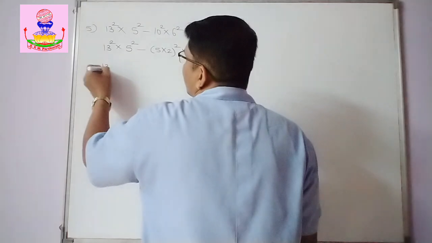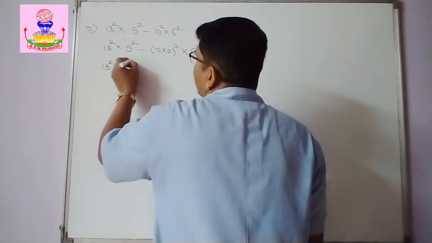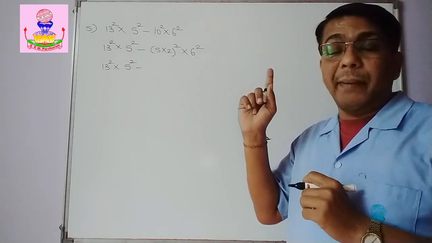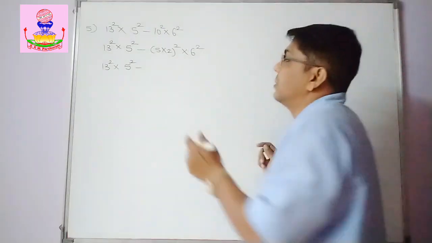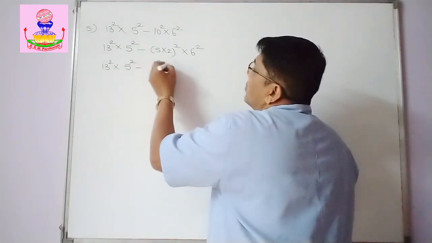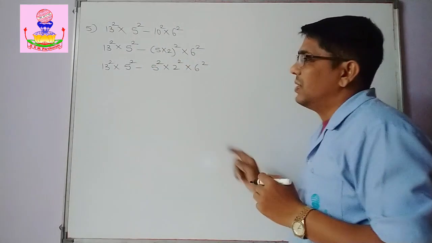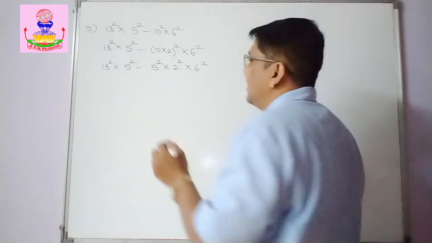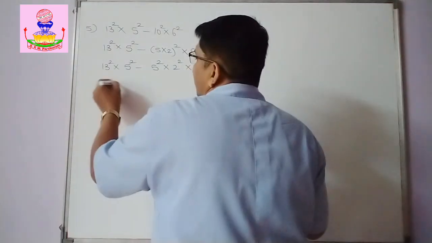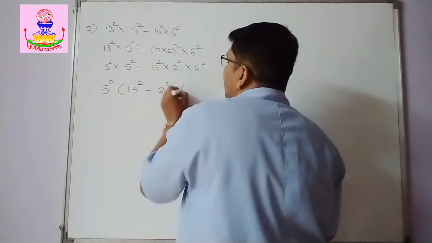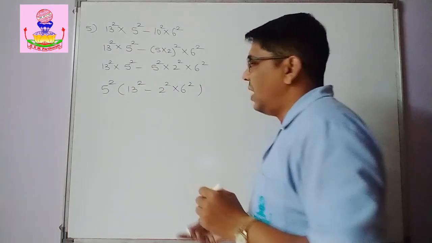Now see here, a into b whole raised to m is a raised to m into b raised to m. So 5 raised to 2 into 2 raised to 2 into 6 raised to 2. Now what is common? 5 square. So take out 5 square common. Left is 13 square minus 2 square into 6 square.